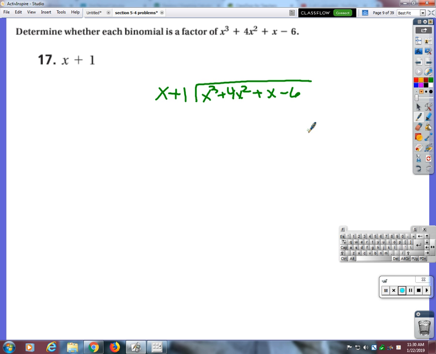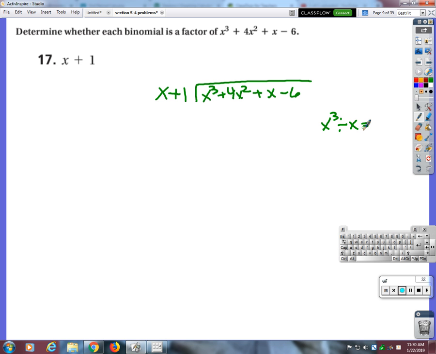All right, so to figure this out, the first thing I have to do is divide the first term here by the first term there. So if I go x cubed divided by x, what do you get?